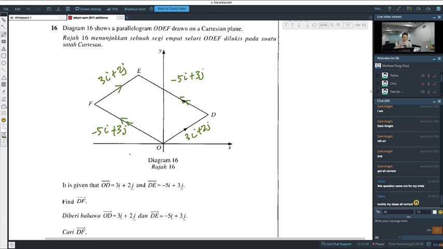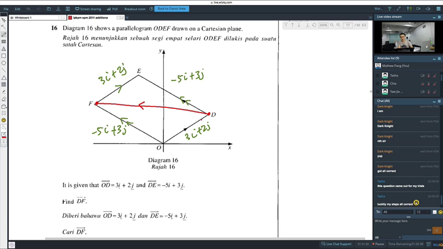Then the question asks you to find DF. That means now we need to go from D to F. We need to find this one. So vector, you should be able to understand, this is the starting point, this is the ending point, isn't it? This one is a shortcut.